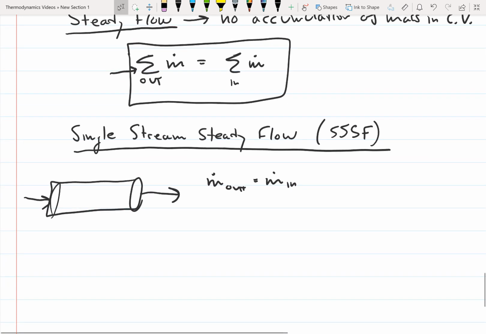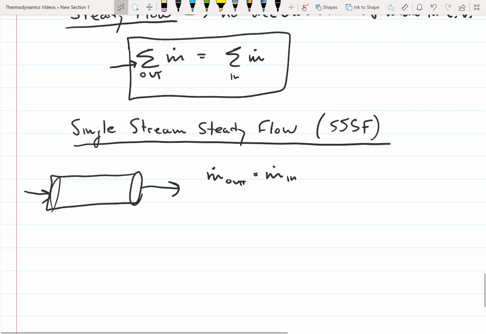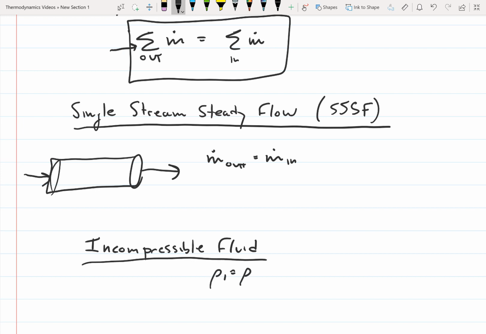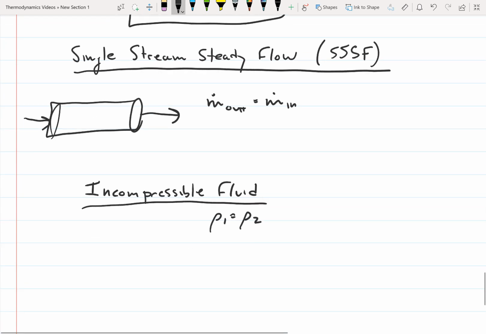And then one more assumption that we can make is, let's assume that it's incompressible. If we have an incompressible fluid, that means the density is going to be constant. So an incompressible fluid means that rho 1 is equal to rho 2.